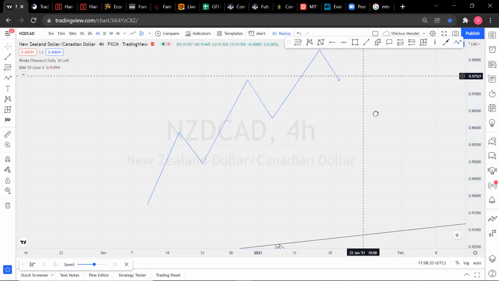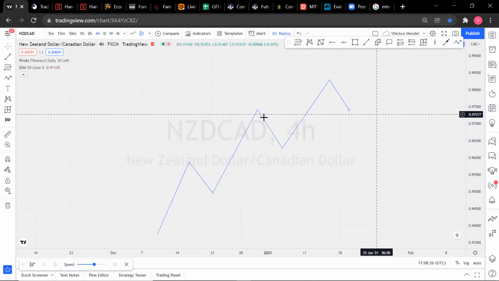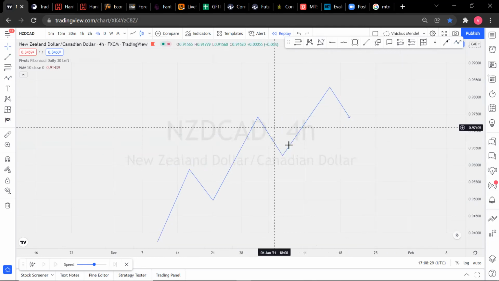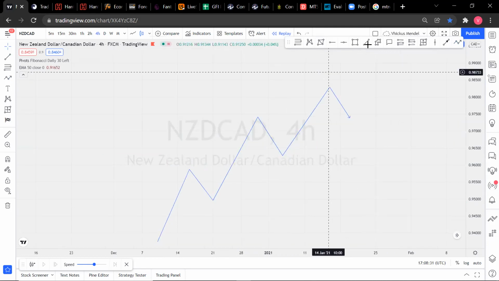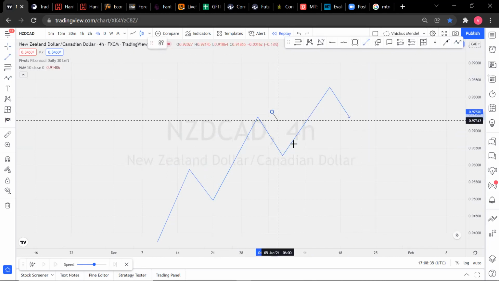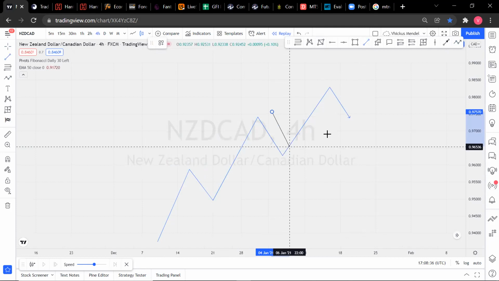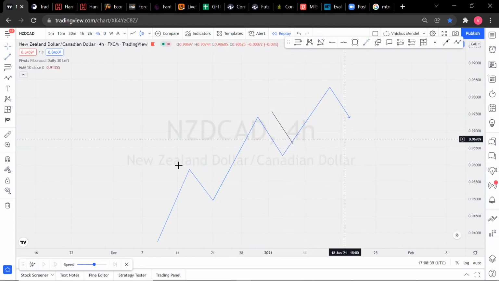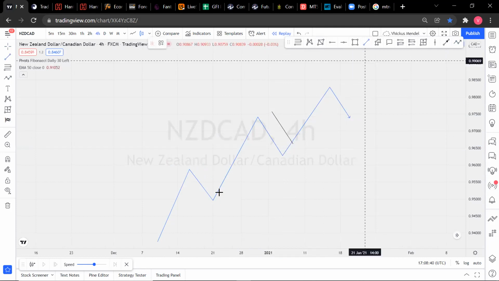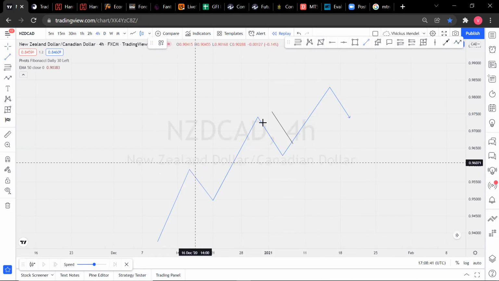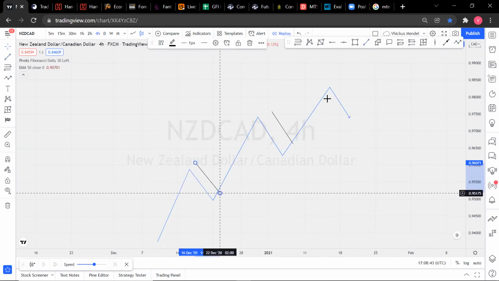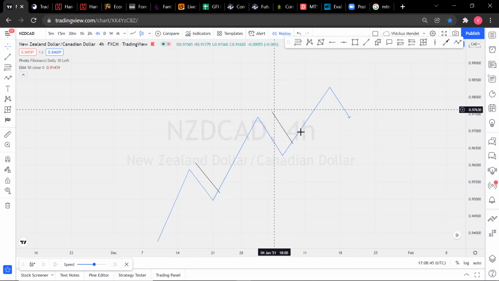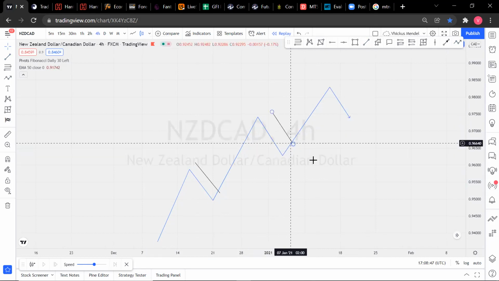So for you to be able to join a trend, you wait for the breakout of that correction. Okay. Go up or down. So whether it's a bullish or a bearish trend, after every impulse move, you get a correction. Okay, so once you get a correction and it breaks out, then you join the trend.